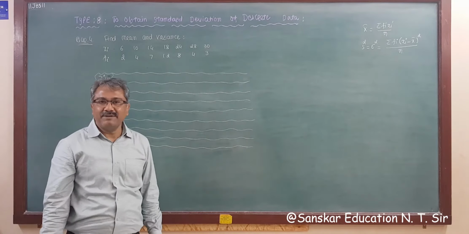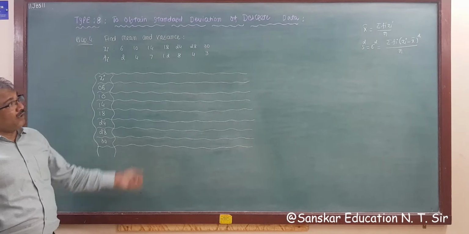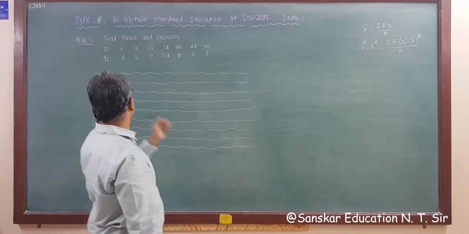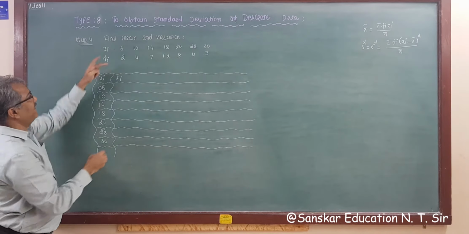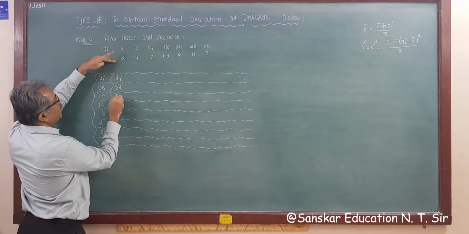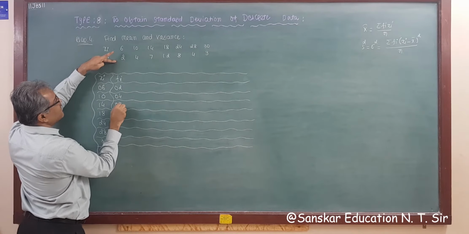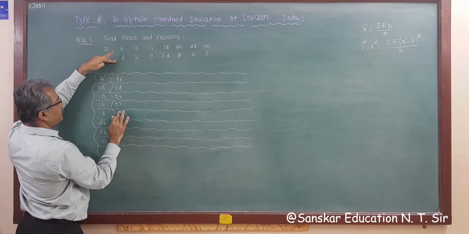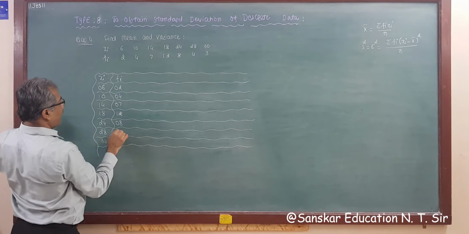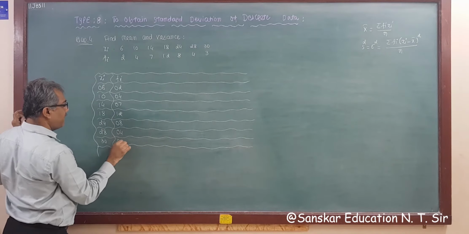So this is xi. Now for the formula we require fi xi. Fi is also given, I forgot to write fi. So this is 2, 4, 7, 12, 8, 4 and 3.